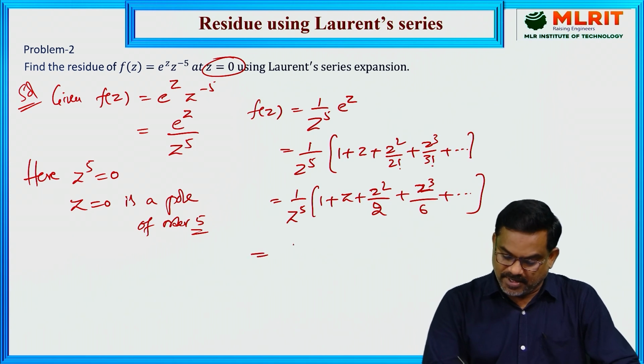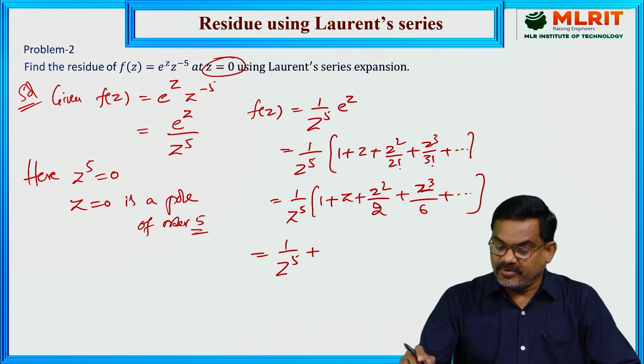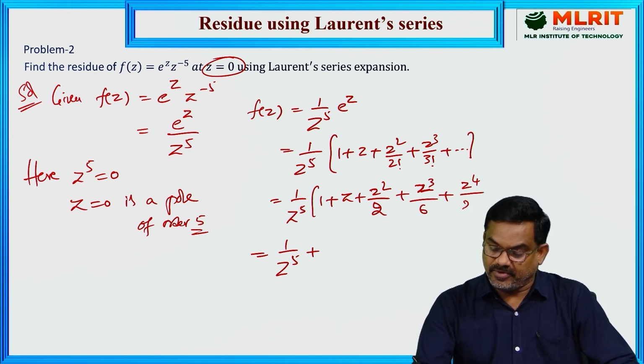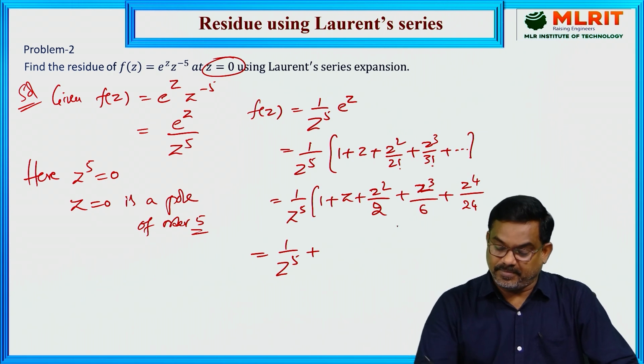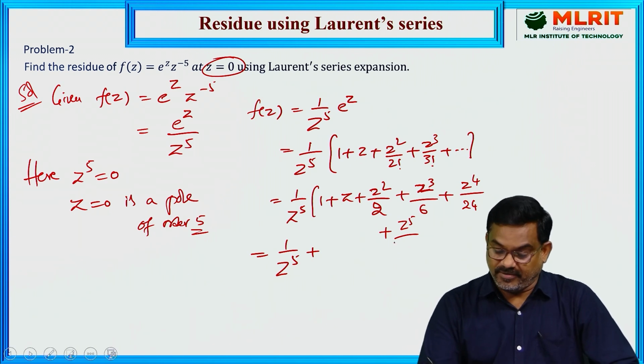We also need z power 4 by 24 plus z power 5 by 5 factorial, so 24 into 5, 120, plus so on.